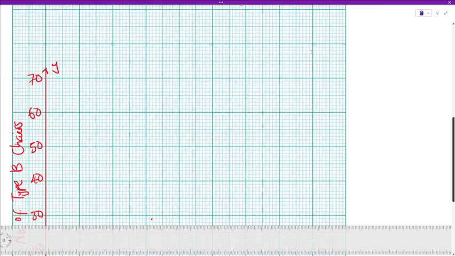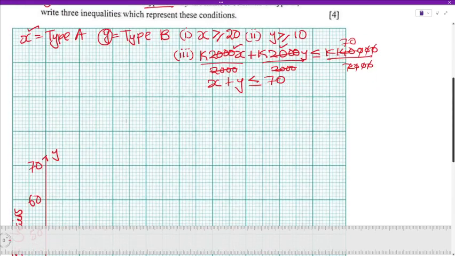I always have problems writing this side, number of type B chairs. Okay, after we do that, we can now start plotting those inequalities.